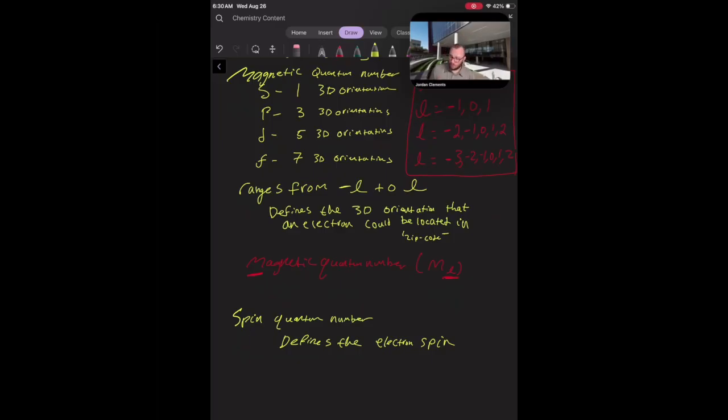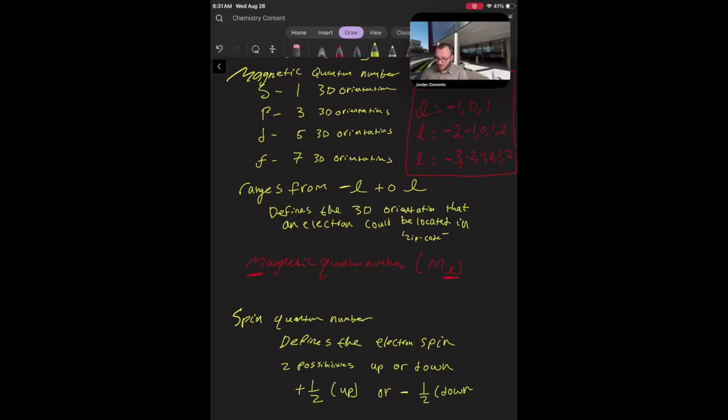So that's going to be two possibilities. Up or down, notated as positive 1/2 or negative 1/2. So that's going to help us identify the specific location of an electron.